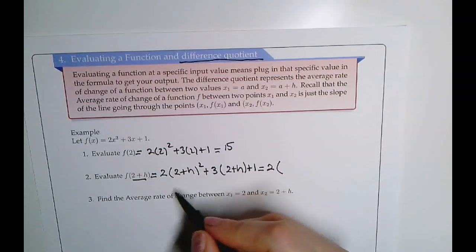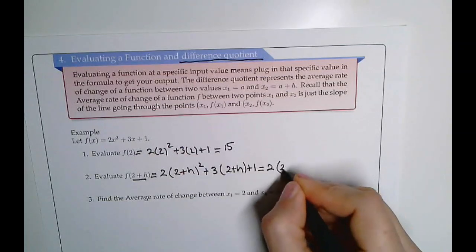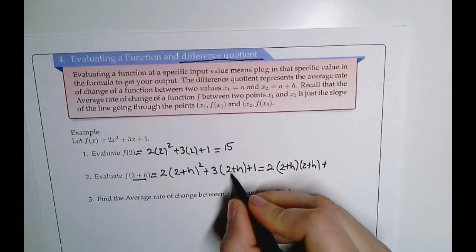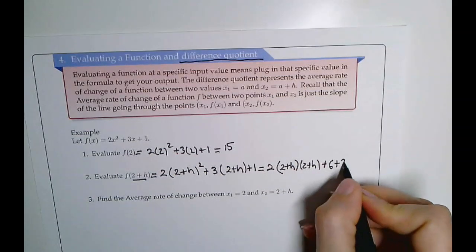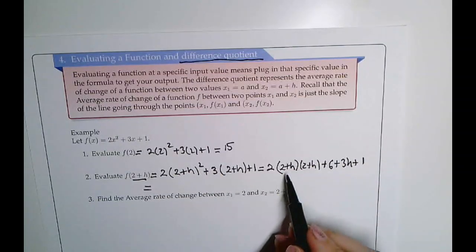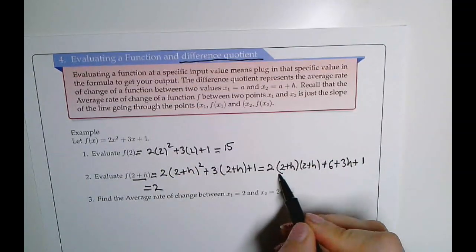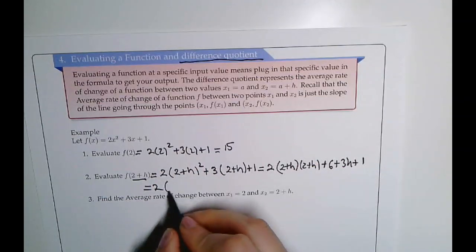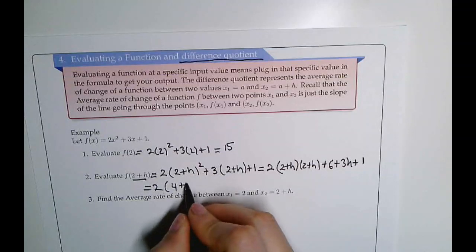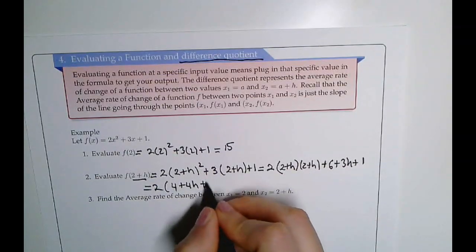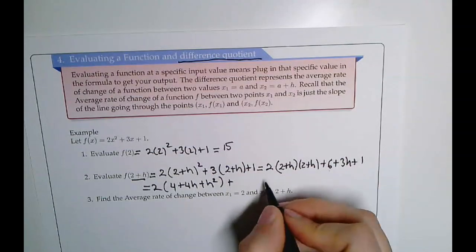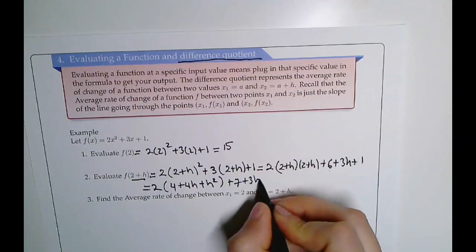2 plus h squared just means 2 plus h times 2 plus h, plus I'll have 6 plus 3h plus 1, and then this is going to give me 2, and if I FOIL this, I'll get 4 plus 2h plus another 2h, so plus 4h plus h squared, and then plus 6 plus 1 is 7 plus 3h.